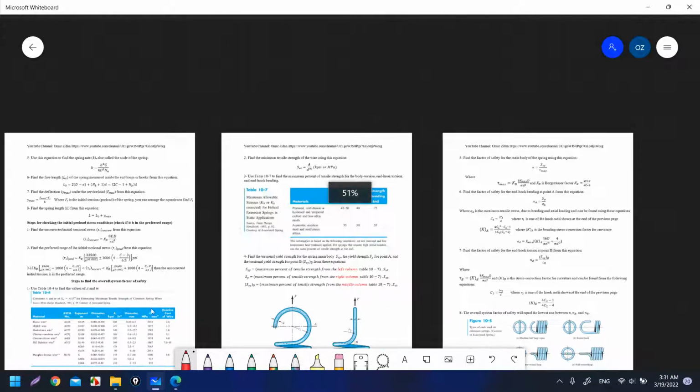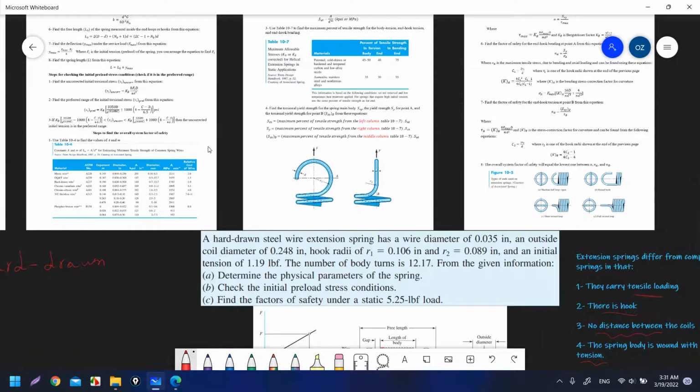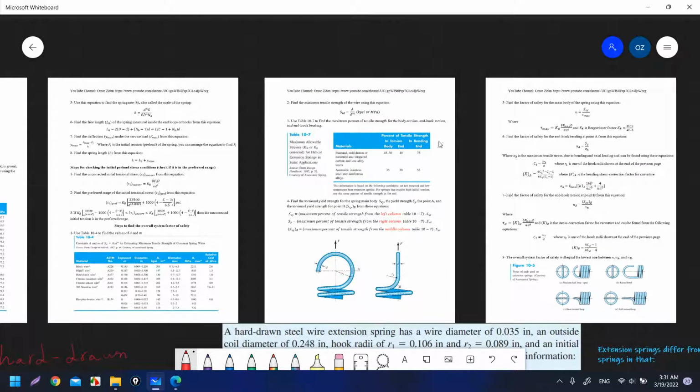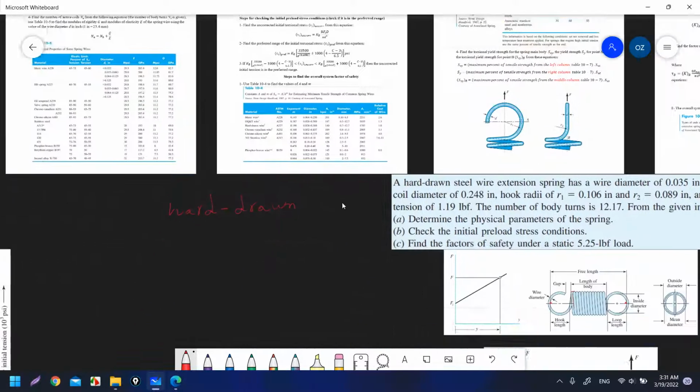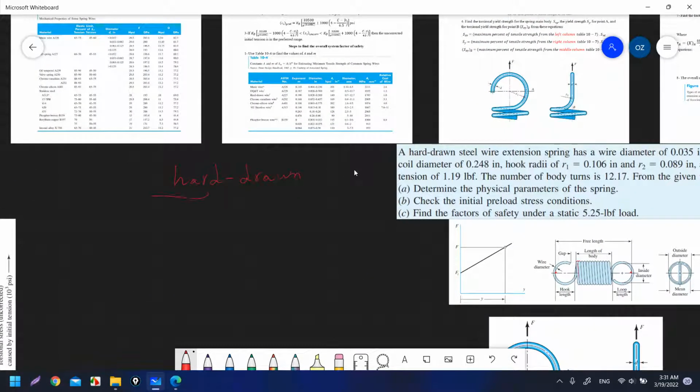So this information that it is hard drawn steel will help you find different things in these three tables: table 10.5, 10.4 and 10.7. Let's see how we'll use them.